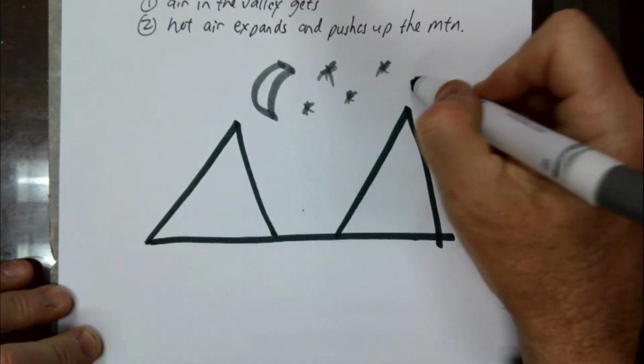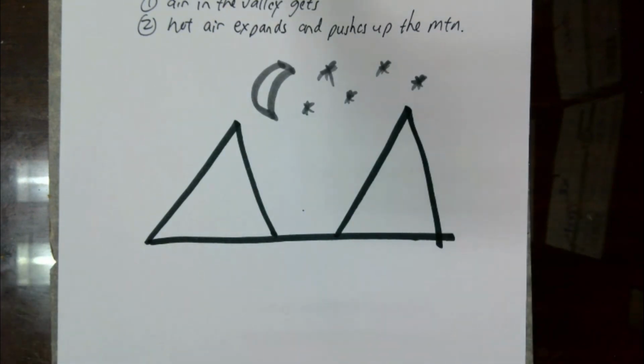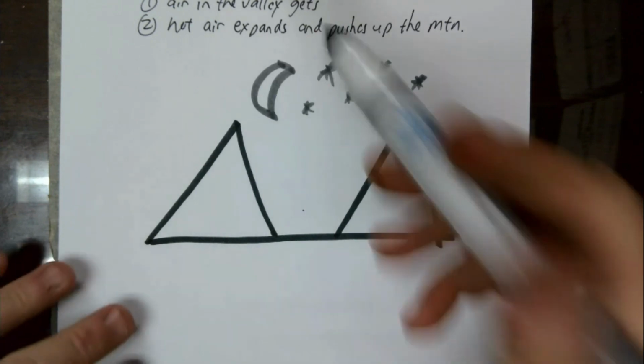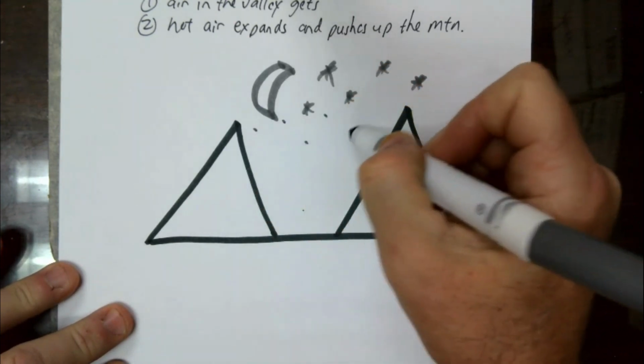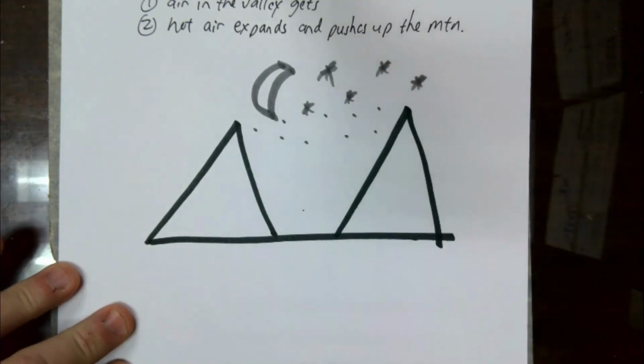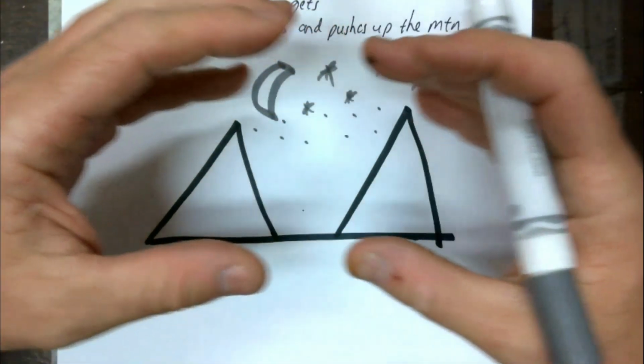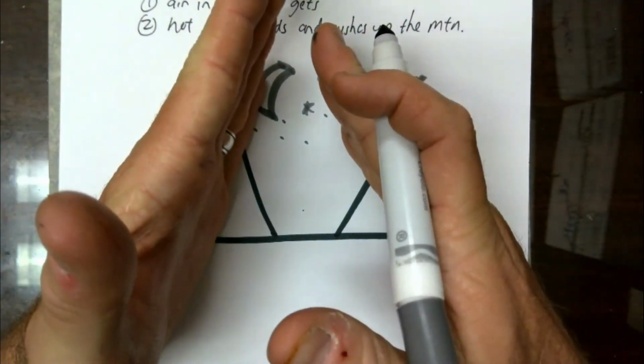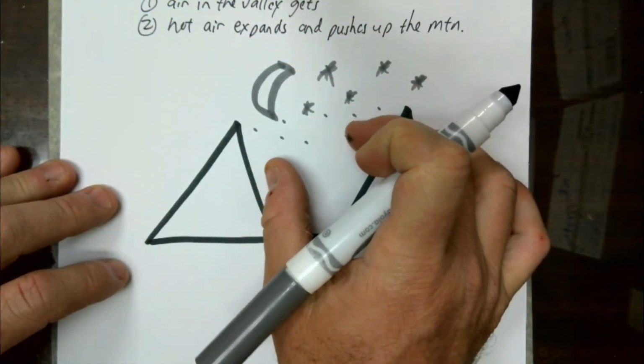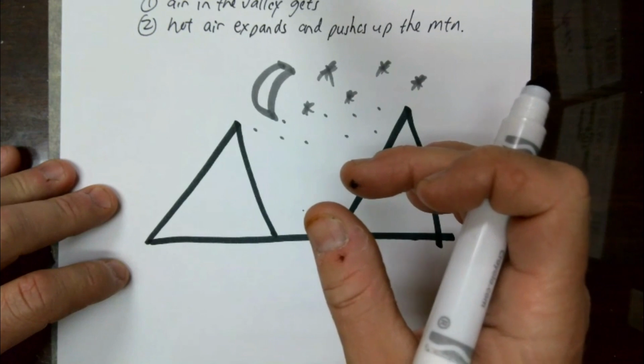It's now nighttime, and the sun is not able to provide energy to those air molecules, so they're not as able to move around. We know where the air is. The air has all moved up here more, but now it slows down some. It's a little tired. And just like warm things expand, cold things contract. And this air starts to contract and squeeze together, and it gets heavy.